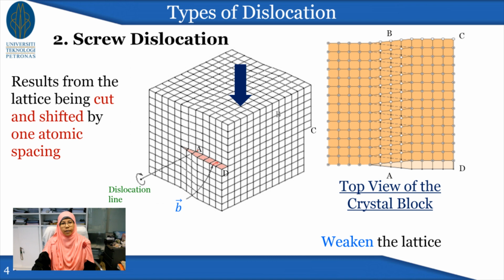So if you cannot imagine that, if you look on the right side, this is the 2D view of that block showing all the dislocated atoms.